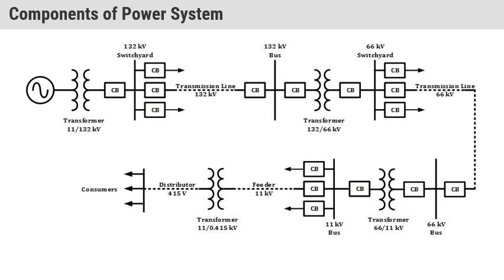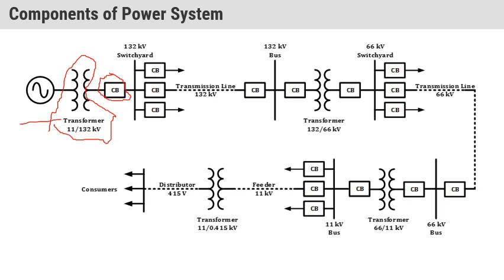So this is the circuit for the normal components of the power system. First we have a generator, then a step-up transformer, then an incoming circuit breaker. If there is any fault at the transformer or the generator side, this circuit breaker will open and the faulty part will be isolated from the main system.